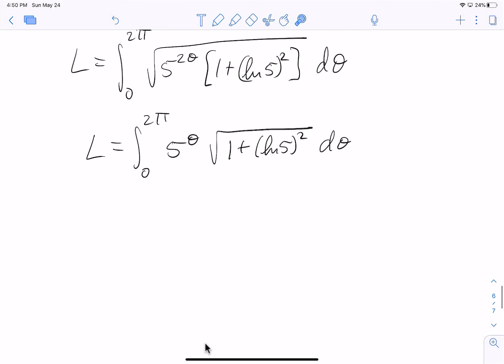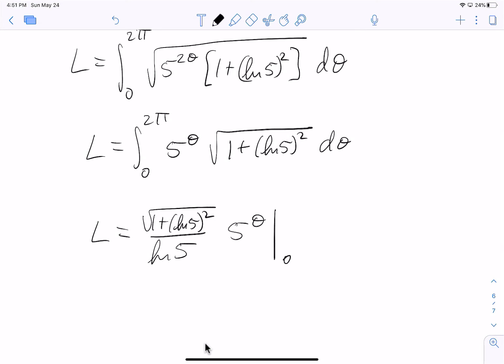As you may recall, the integration rule for an exponential with a base other than e brings in the denominator natural log of the base. So when we integrate 5 to the theta, we get 5 to the theta divided by the natural log of 5. But I'm going to write it with the constant 1 plus the natural log of 5 squared in the numerator.